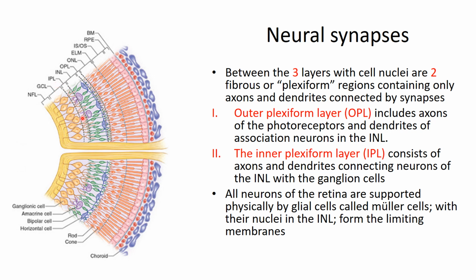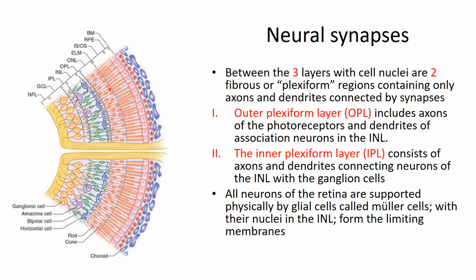Now, all the neurons of the retina are supported by neuroglia cells similar to the neuroglia cells of the CNS, and these neuroglia cells here are known as the Muller cells. The nuclei of the Muller cells also lie in the inner nuclear layer, and they form two limiting membranes.